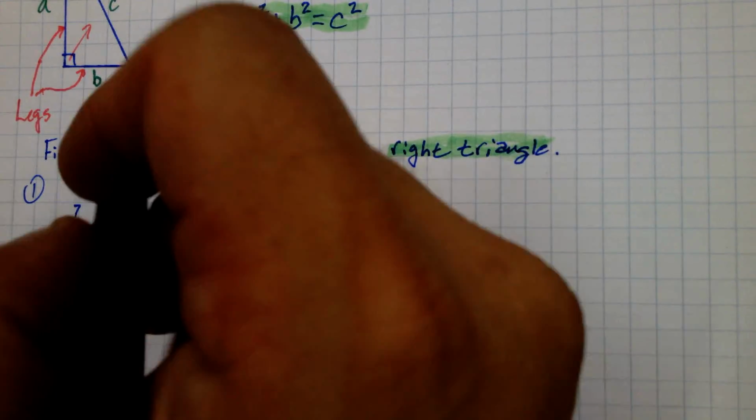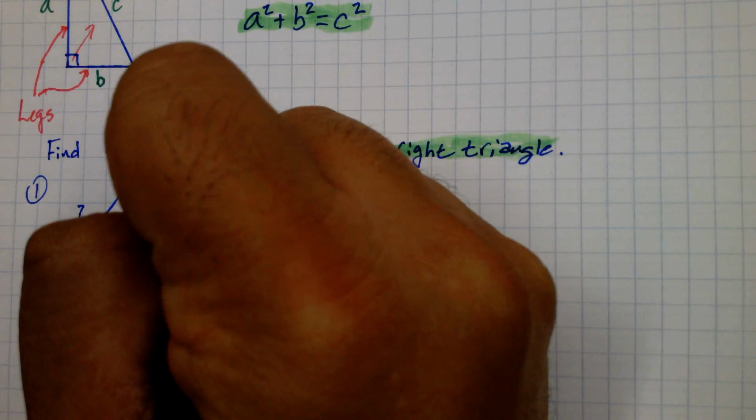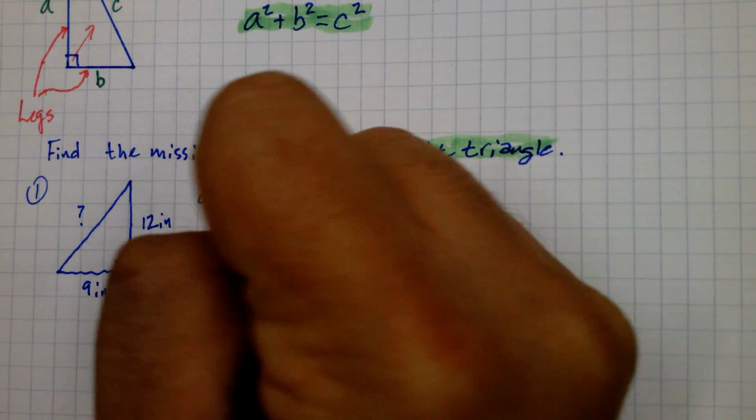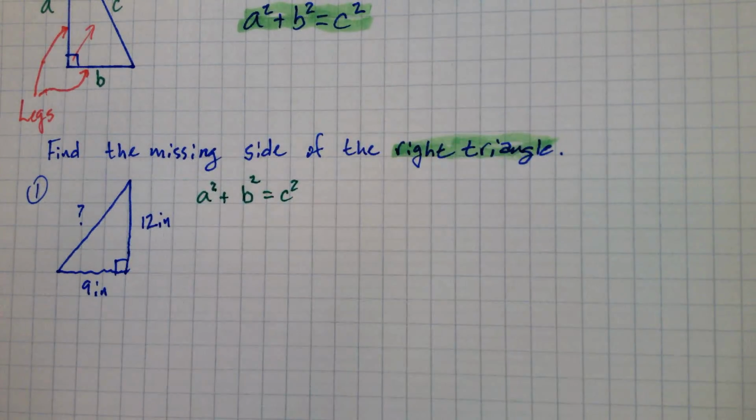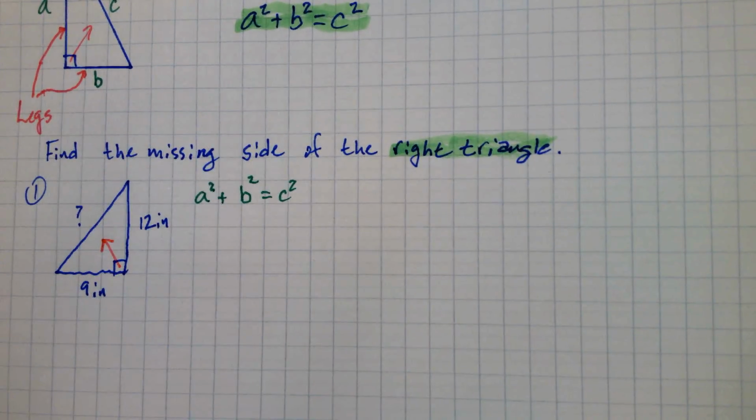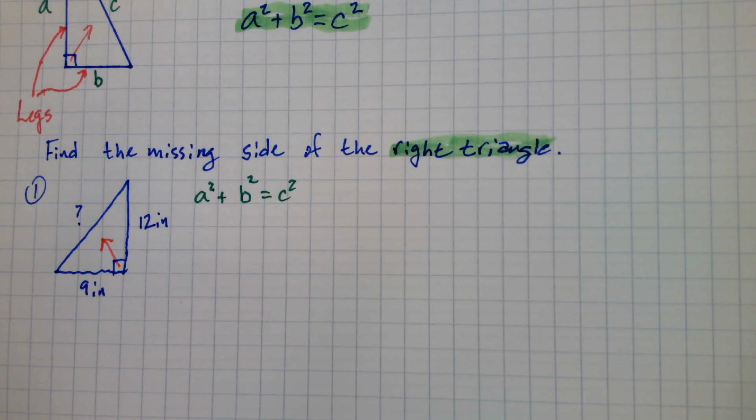Okay, let's write down our Pythagorean theorem formula. A squared plus B squared equals C squared. Let's label our sides. Which side is going to be A? 12. Doesn't matter. Usually what I do is I label where C is first.